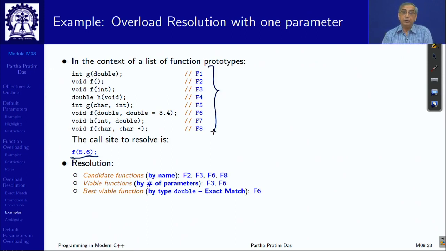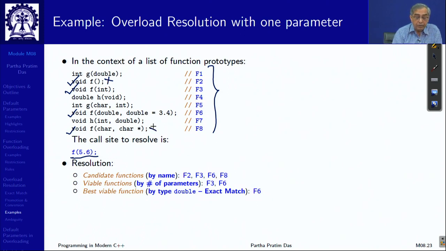First you create the set of candidate functions, which are functions having the same name: f, f, f, f, these 4 are candidate functions f2, f3, f6, f8. Out of these candidate functions, you decide on the set of viable functions. Viable functions are those which match the number of parameters. Here there is one parameter, so this goes out, this takes 0 parameters.